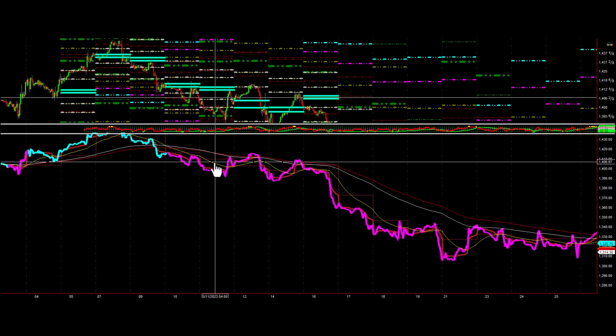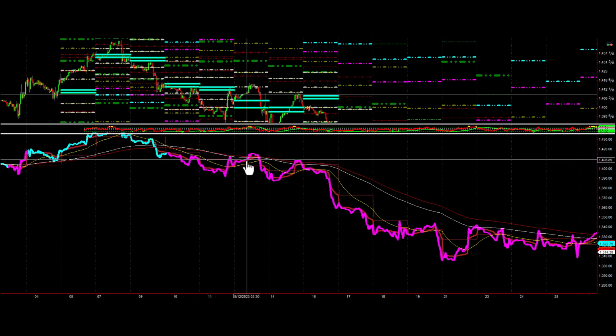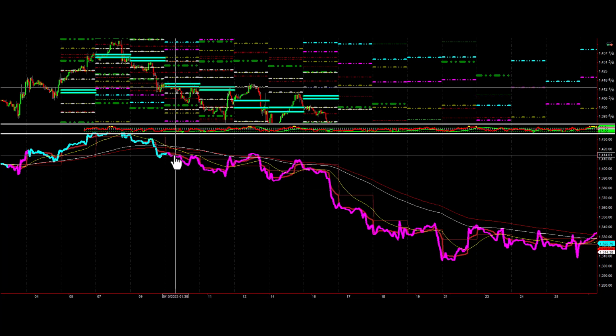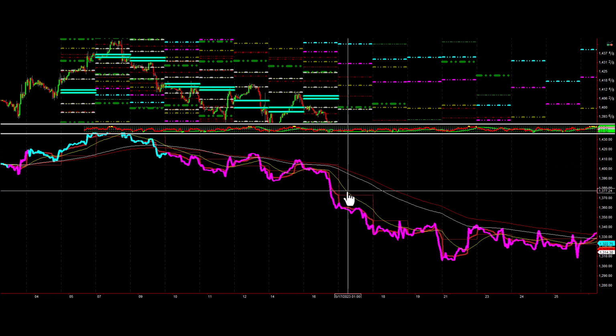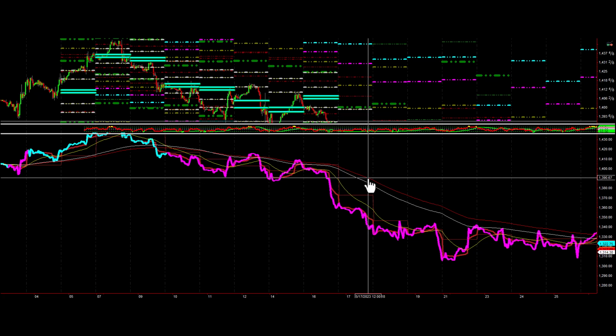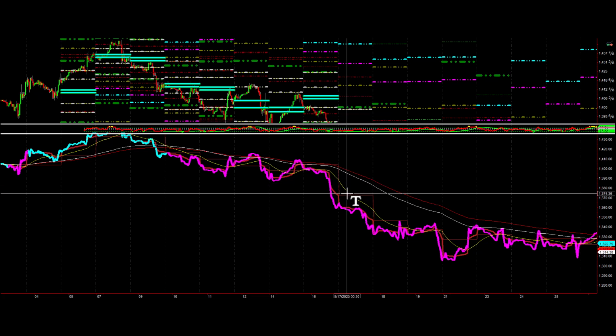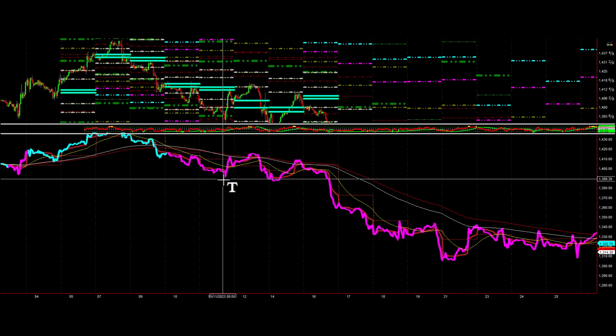One is a 160 period moving average. You can use SMA or EMA. The other one is a 200 period moving average, and then the yellow one is a 30 period moving average. So 200 is red, white is 160, and yellow is the 30 period moving average of VWAP.